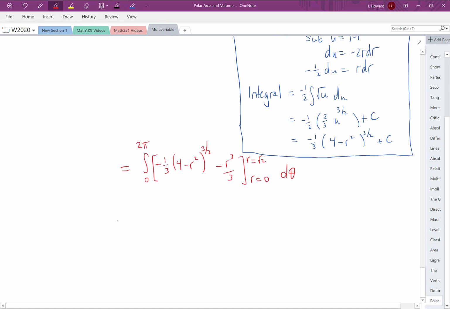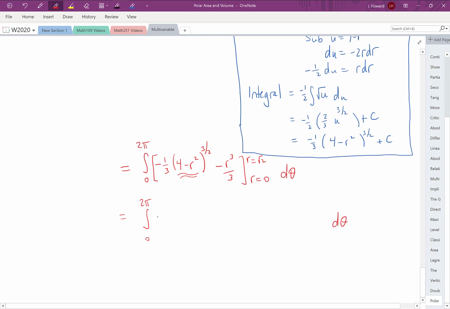So let's spend a little bit of time here doing the evaluation. We'll keep the integral on there, we'll keep the d theta on there, and we'll just work on evaluating right now. So first subbing in r equals root 2. If we look at this bracket here, if we square root 2, we're going to have 2.